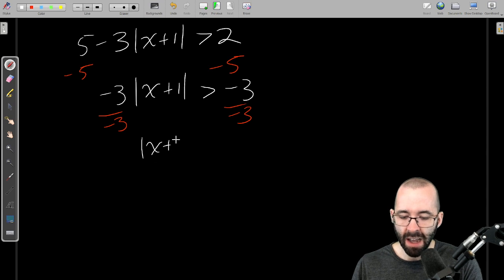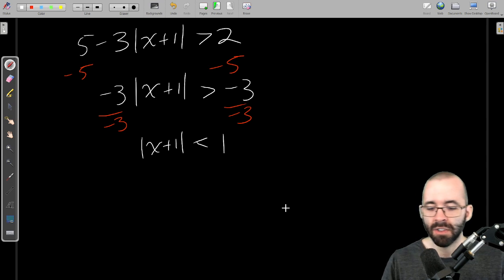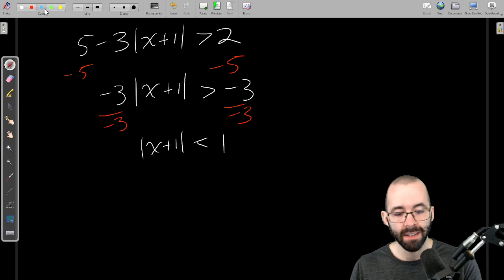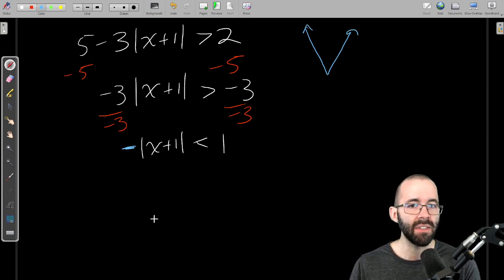Now the absolute value is by itself. We divided by a negative number, so the inequality switches. The right hand side is positive 1. So again, we know what this is going to look like. This is a positive absolute value. This is what a negative absolute value would look like.